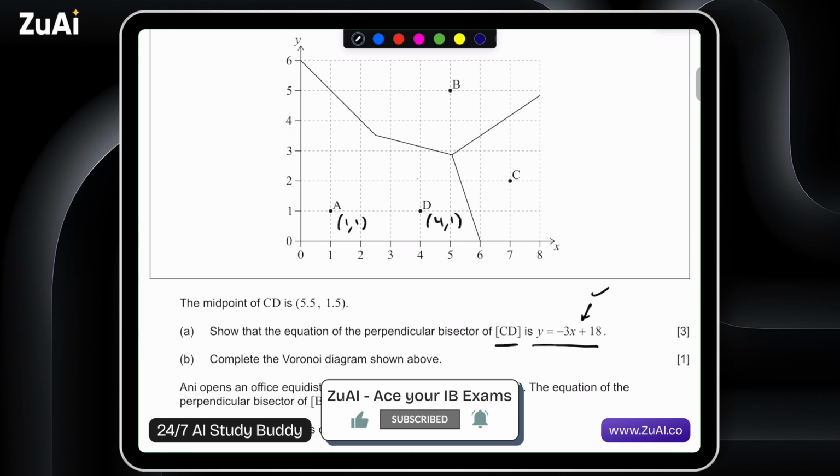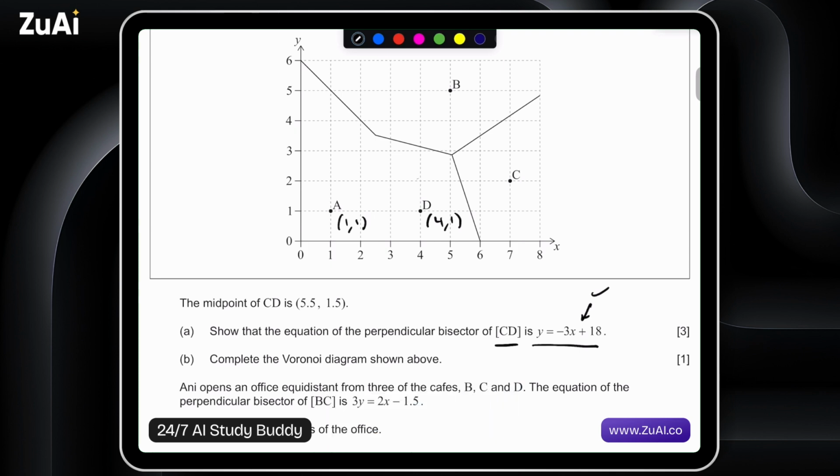We know that the boundary line is a line which is equidistant from both points. That is to say, this boundary line right here is an equal distance between B and C, and the midpoint, for example, was between D and C. Since these have the same y value, they both have a y value of 1, our boundary line is just going to be halfway through here, and it's just going to be a vertical line.